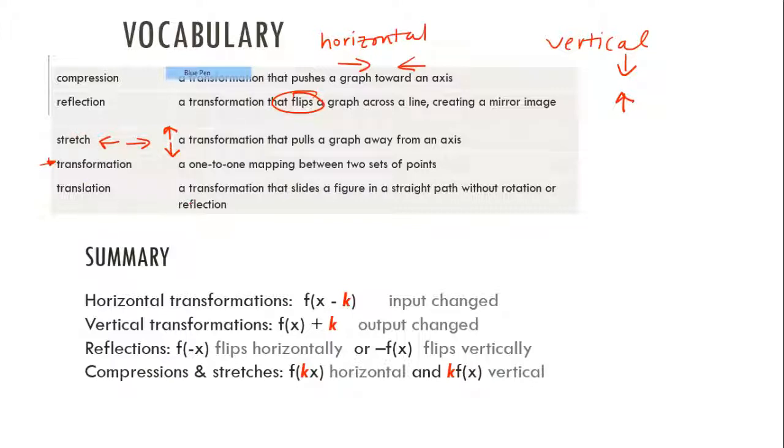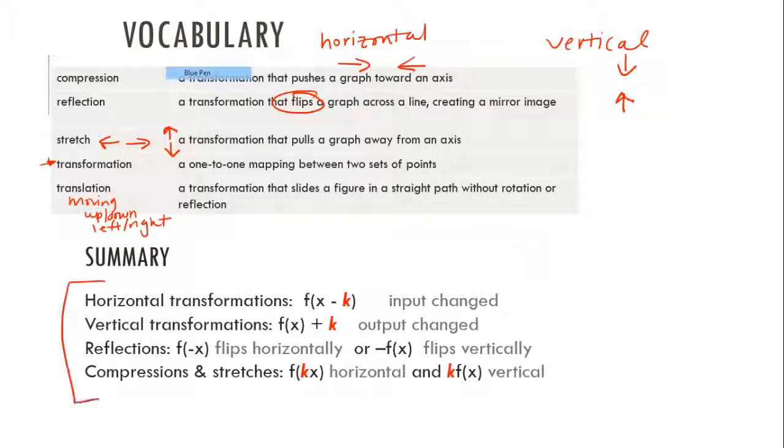And then a translation is a transformation that slides a figure in a straight path without rotation or reflection. So this is just like moving up, down, left, right. That's our translation.